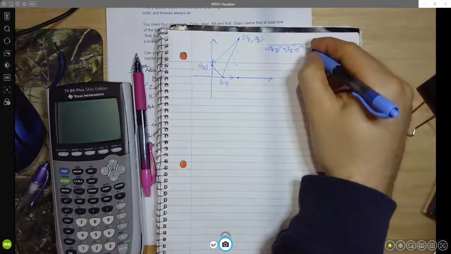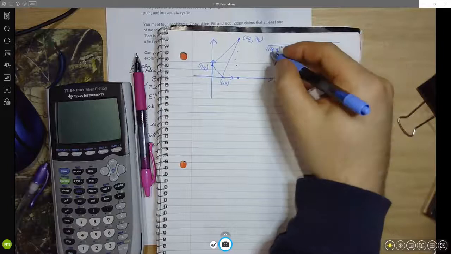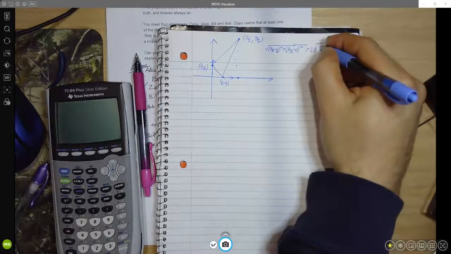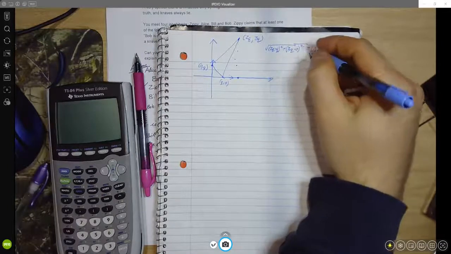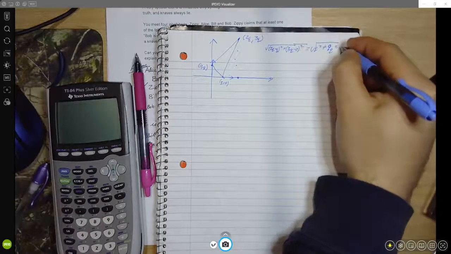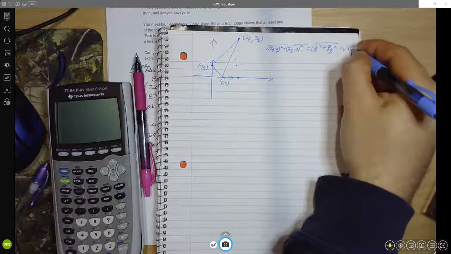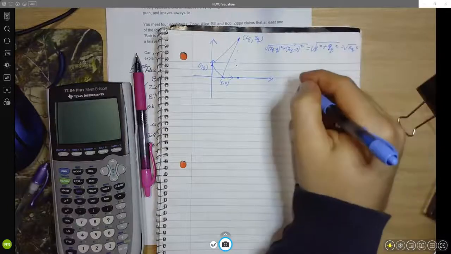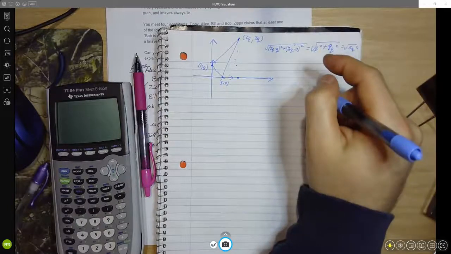How messy is that? So 2q minus q is q, that'd be q squared. And then 3q, that'd be 9q squared. So the square root of 10q squared. That could be kind of messy.